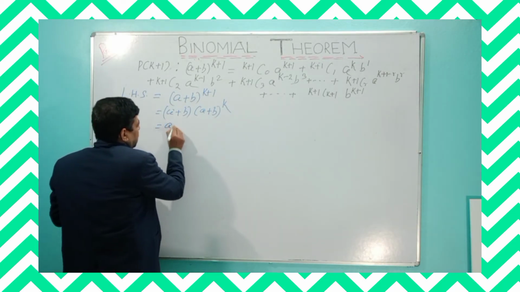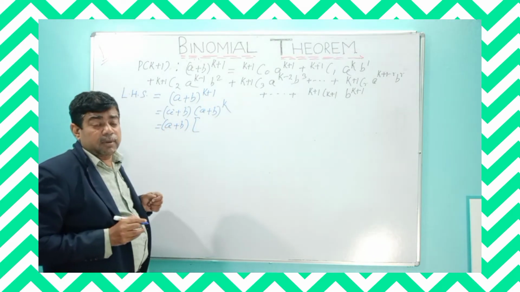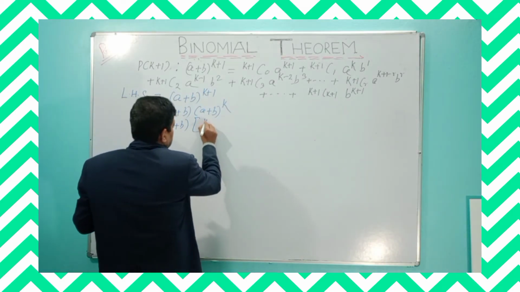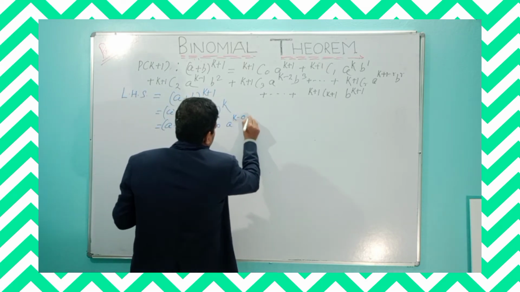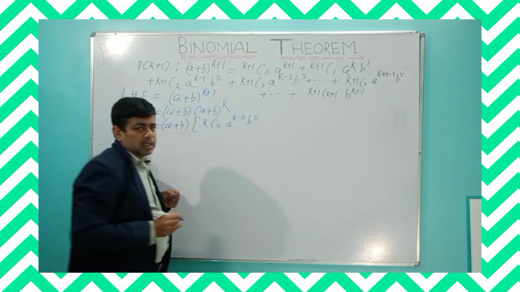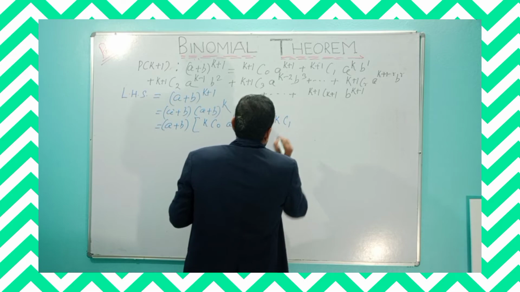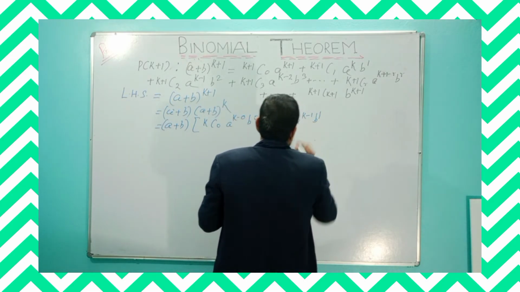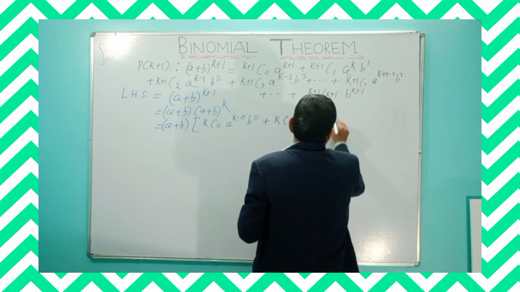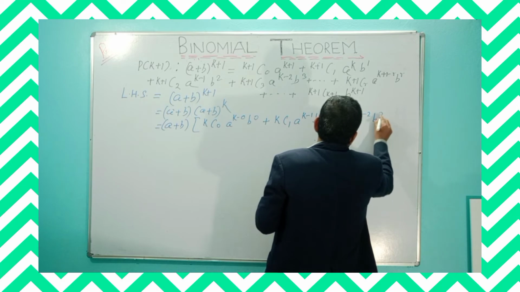Now (a plus b), and here for (a plus b) whole to the power k, you can use the binomial theorem: kC0, a to the power k minus 0, b to the power 0. Understand? Plus after that kC1, a to the power k minus 1, b to the power 1, plus kC2, a to the power k minus 2, b to the power 2, right?